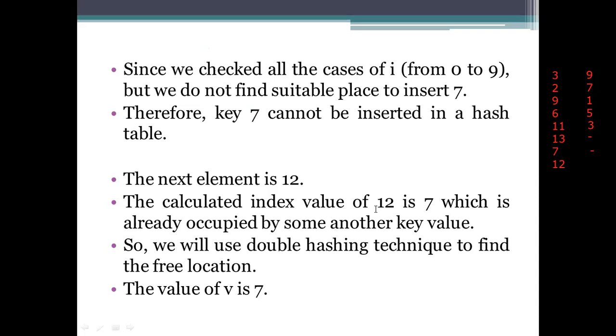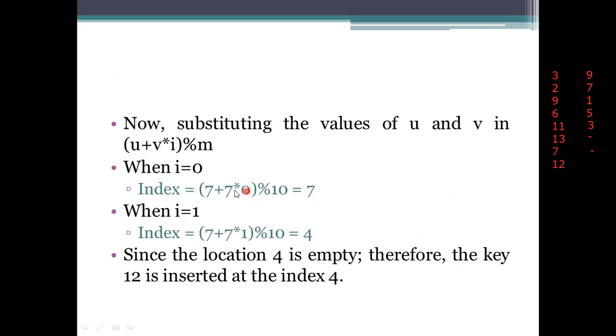Next one here is a calculated index value of 7, and the value we are choosing for the processing V will be 7. So here 7 and 7. So the 7 value will be multiplied with the 0, which is I. Then we are getting the value 7 here, which is occupied once. Next go for the another one, 7 into 1 percent 10, which equals 4.